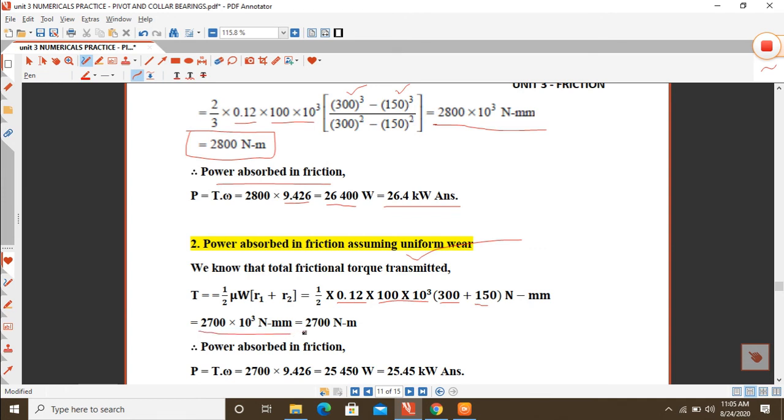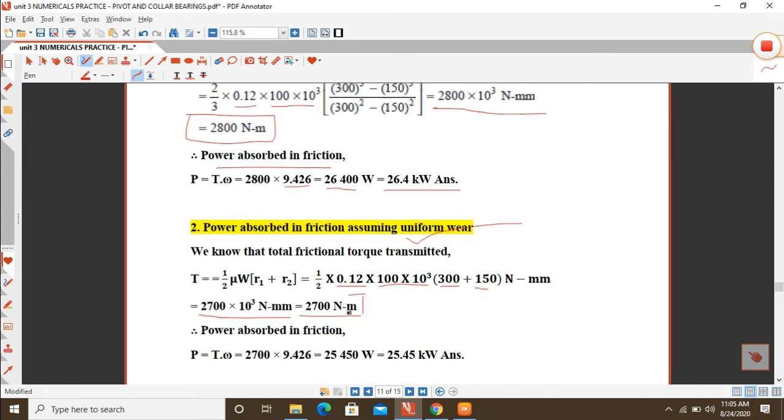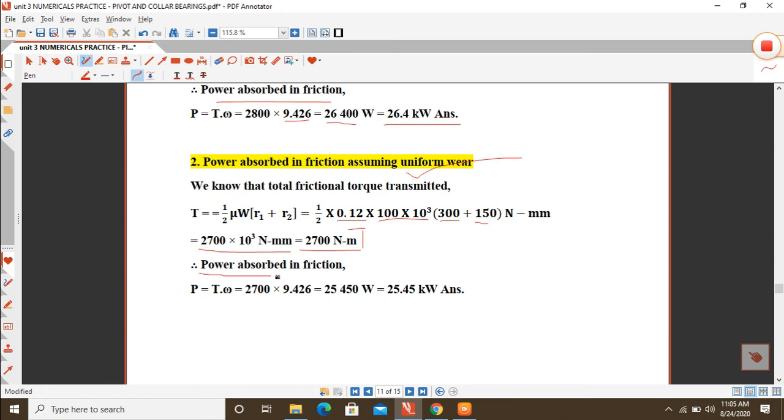Converting it into Newton meter, divided by 1000, it is 2700 Newton meter. So this is our frictional torque. Now power absorbed in friction is T omega. So putting the value of T and omega, multiply, you will get 25,450 watt as the power absorbed in friction considering uniform wear, that is 25.45 kilowatt is the answer.